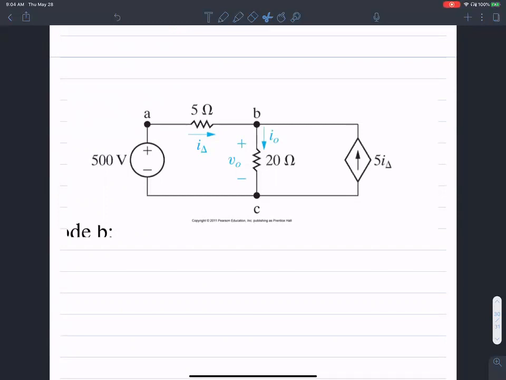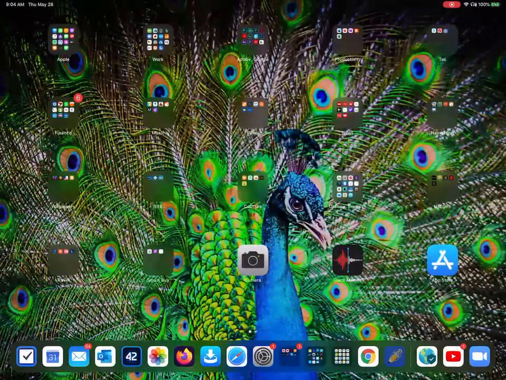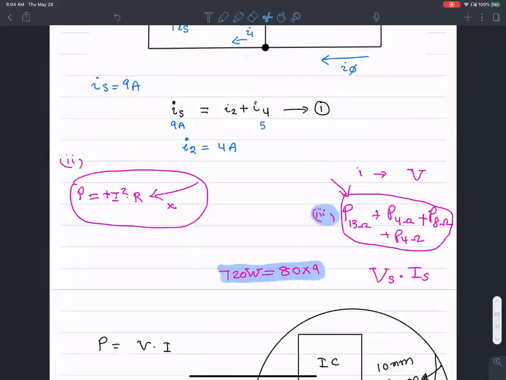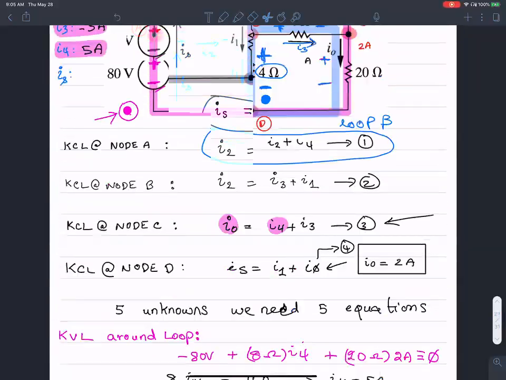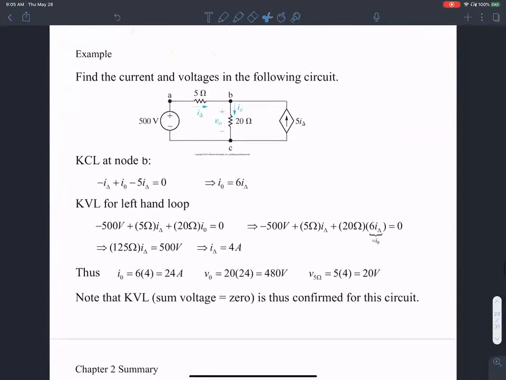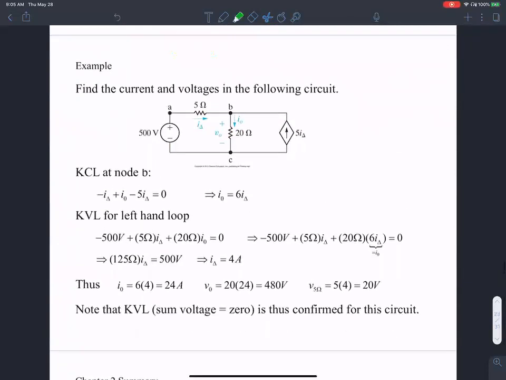Let me read the question so I feel that I'm not working in a vacuum. Find all the currents and voltages in the following circuit. That's what we are interested in finding.